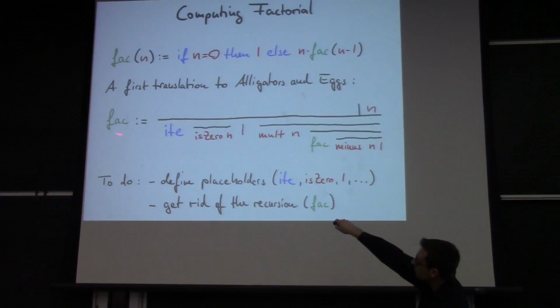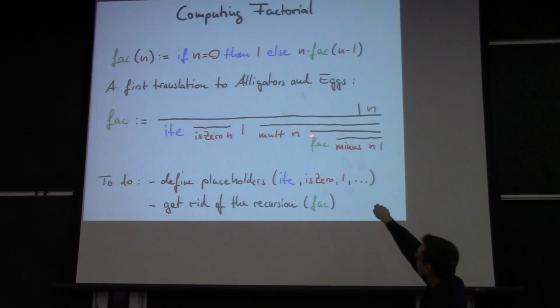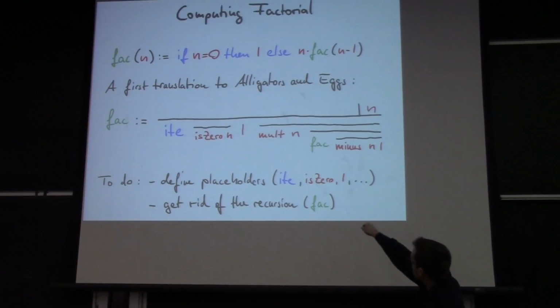You can see here we define an alligator and egg family, and this whole thing again appears in its definition. We cannot really do this in the alligator and egg program. So we have to have some way of writing this without using fac in the definition of the family. Okay, so let's start with the first thing, actually defining the alligator and egg programs that represent these placeholders.